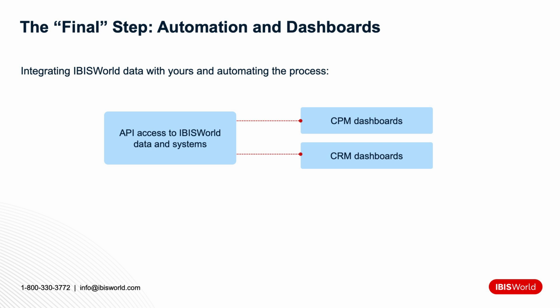Well, it's time to wrap things up. In the past 3 to 5 years, there's been a rapidly accelerating trend to achieve the final step, assisting clients who are building dashboards and automate the process we've discussed via API. IBISWorld is geared up for this, supporting banks as they engineer customer relationship management and credit risk management dashboards.